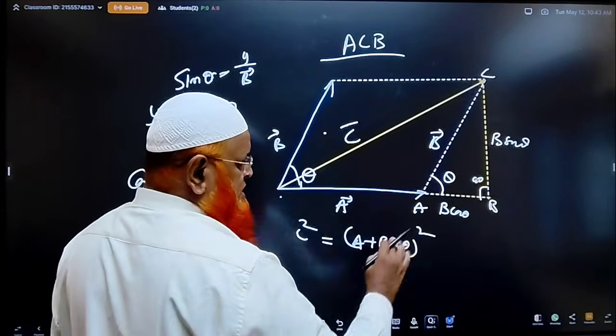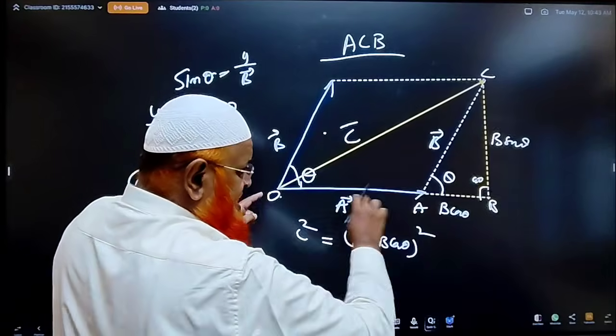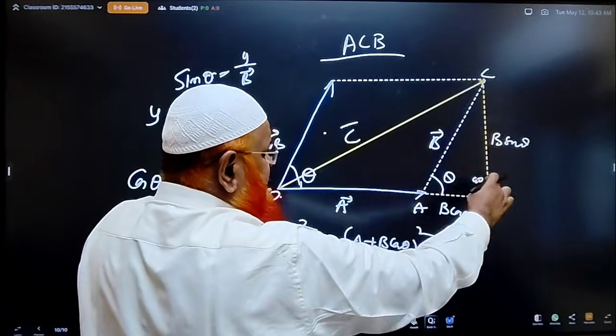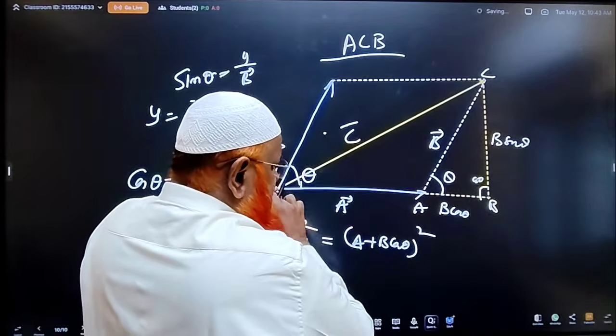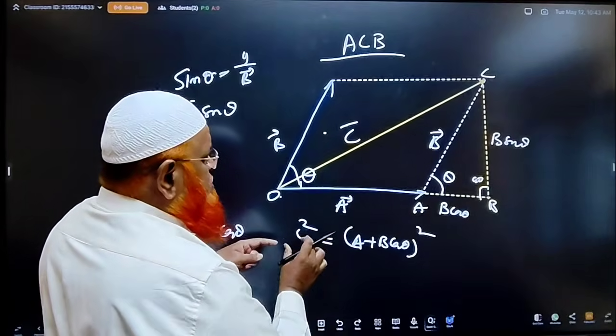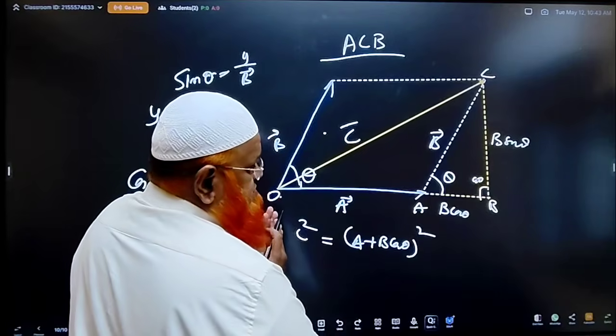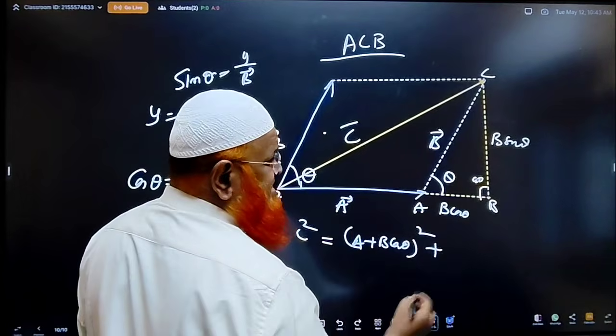You have to consider this is OA plus AB, because total length I have to take. This is a right angle triangle in which this is the hypotenuse, this is the adjacent side, and this is the opposite side, isn't it? So what I am doing now, C square is equal to (A plus B cos theta) square. And what is the next side? This one.